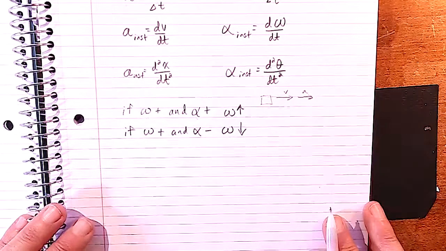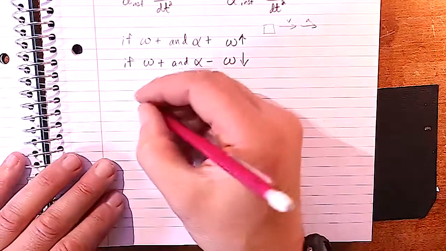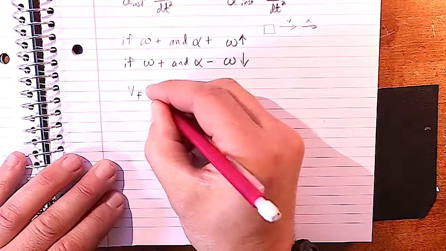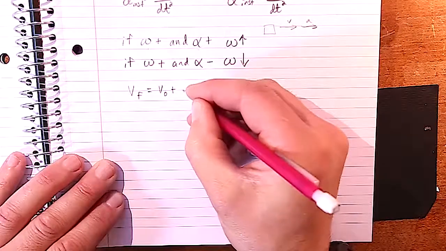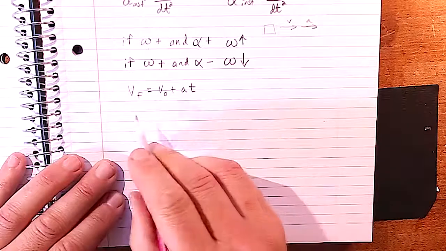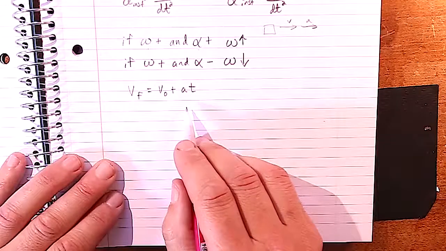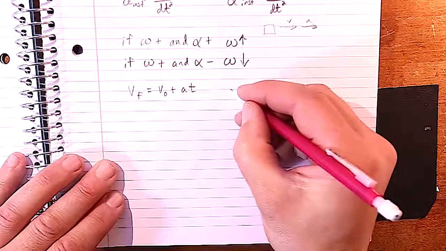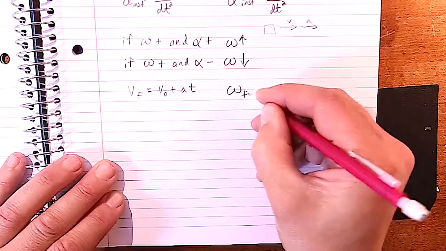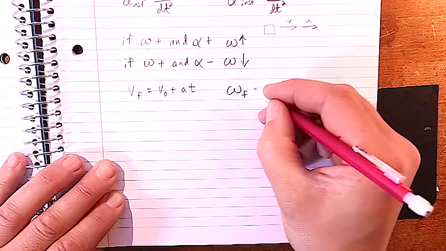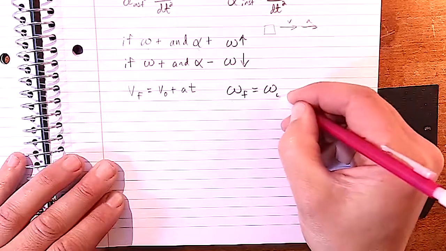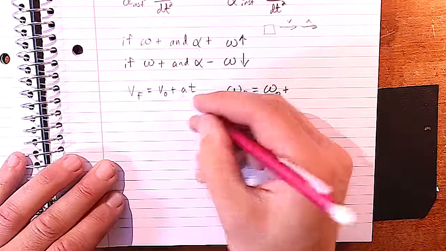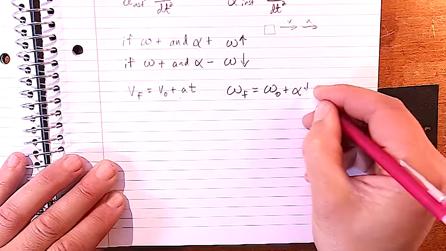So let's go ahead and take this formula that we know from before, Vf equals V naught plus at. What would the angular version of this formula be? Well, that's, in this case, tangential velocity. We could say that that would be angular velocity. And so that would be angular velocity initial, and this would become alpha, and that would be t.